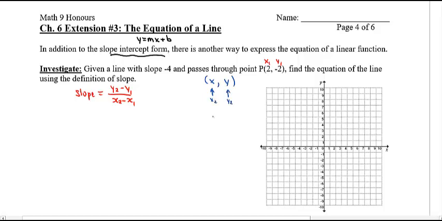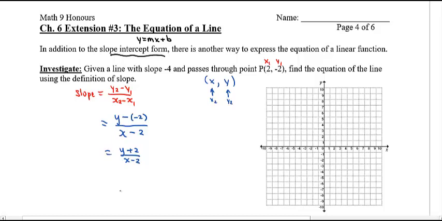So plugging this into my formula now, slope equals y sub 2, which is y, minus y sub 1, which is -2, all over x sub 2, which is x, minus x sub 1, which is 2. And this of course simplifies to y plus 2 all over x minus 2.